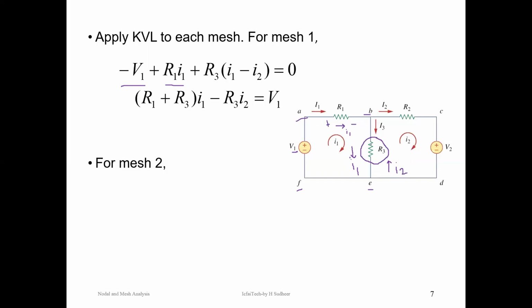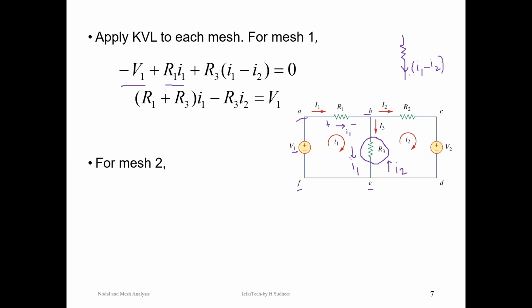Now, what is the resultant current flowing in R3? I1 is going in downward direction, I2 is going in upward direction. Let us consider this is R3, and I can write down the resultant current in R3 is I1 minus I2, because I2 is in opposite direction to I1.